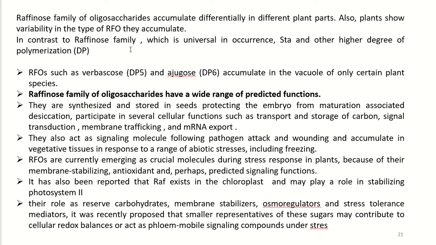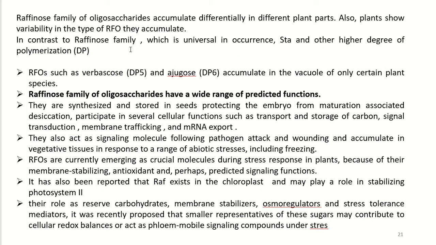Now, what are the RFOs? Read: RFOs such as verbascose, DP5, and ajugose, DP6, accumulate in the vacuole of only certain plant species. Very good. That is a very important sentence; questions can be asked in the examination. So you have to remember: what is RFO, how many types of RFO, and which RFOs are found in the vacuoles.